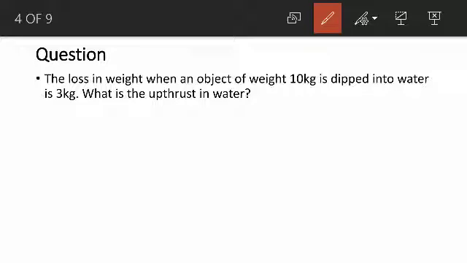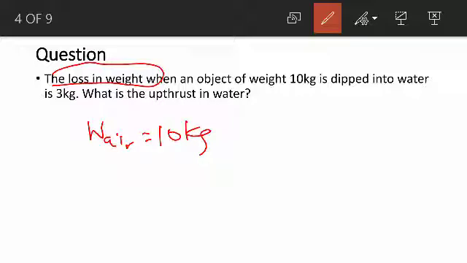We see another question here. It says the loss in weight when an object of weight 10 kilograms is dipped into water is 3 kilograms. What is the upthrust? You can see that the weight of the object in air is 10 kilograms. We can also see the loss in weight.